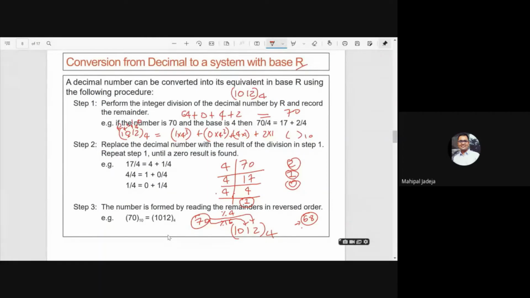That remainder 4 will appear as 1 here, as you can see, because this is 4 raised to 0, this is 4 raised to 1. So my remainder is 4, and I am setting this particular value as 1. That remainder is obtained here, which is nothing but 4, and that is represented with this setting.